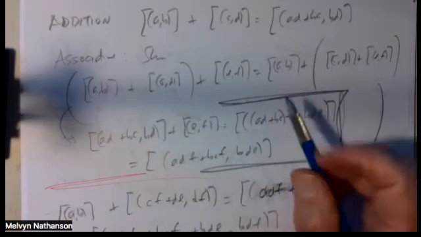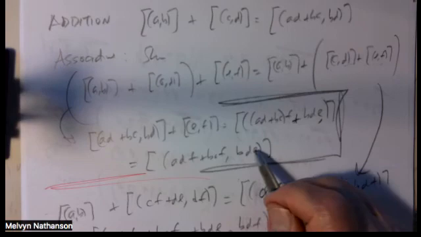Let's see, when I added these on the left, I left out a term. This is AD plus BC times F plus BDE, and comma BDF.